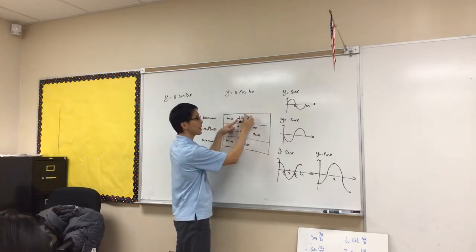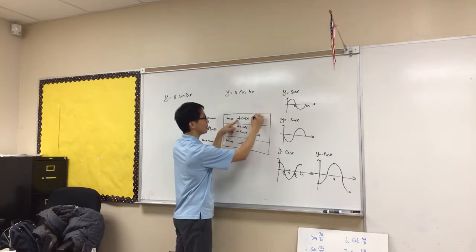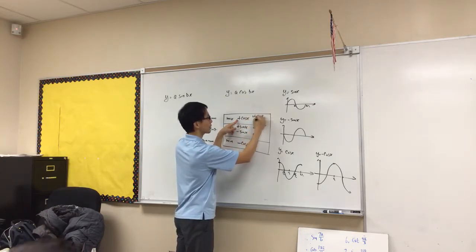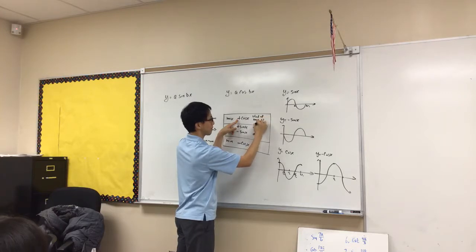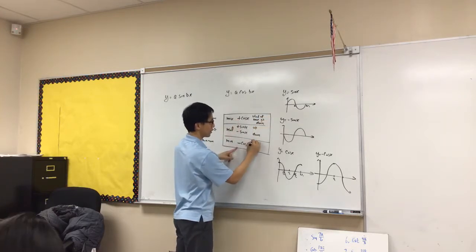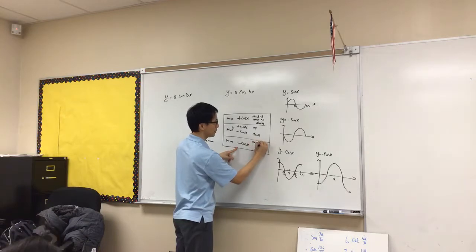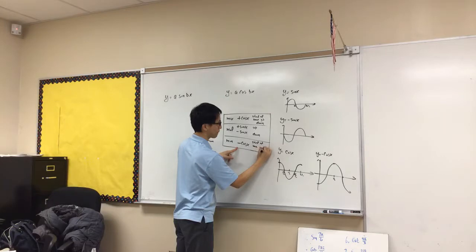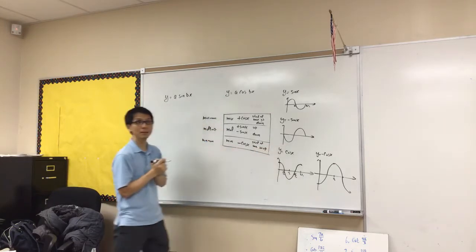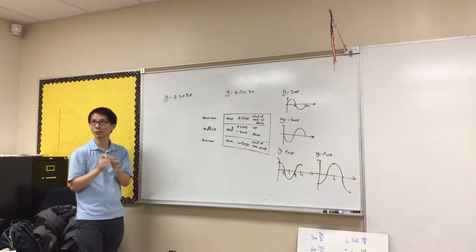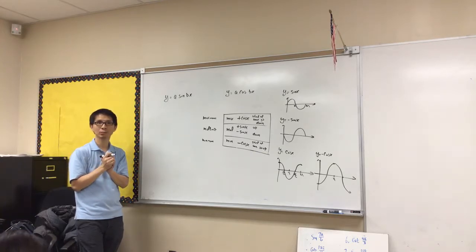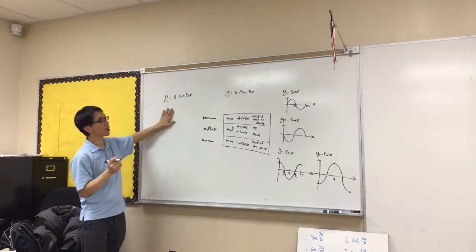Positive cosine starts at max and goes down. And this starts at min and goes up. Does that make sense? How many of you guys are kind of lost? No? Okay. Let's start with the general graph.